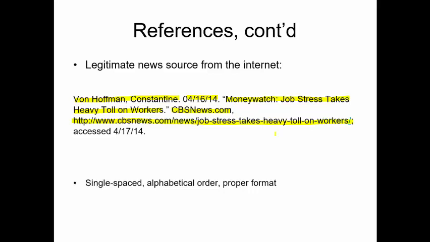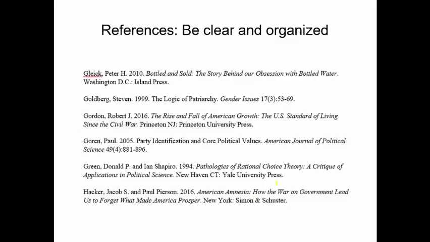And so this is the only other time that you will actually need to show the web link on your bibliography source, and then when it was accessed. So keep in mind that the page of your bibliography will be in alphabetical order, single spaced for clarity, and be sure to use the proper format. You want it to look very clear and very organized.